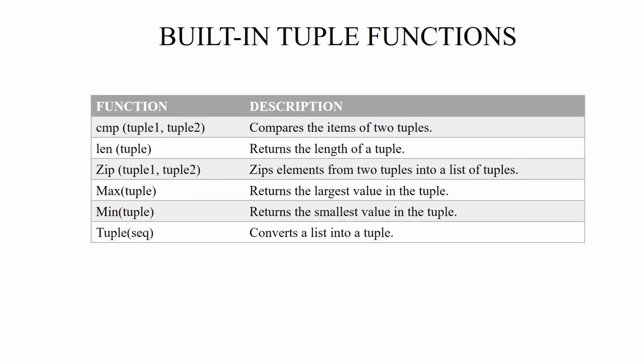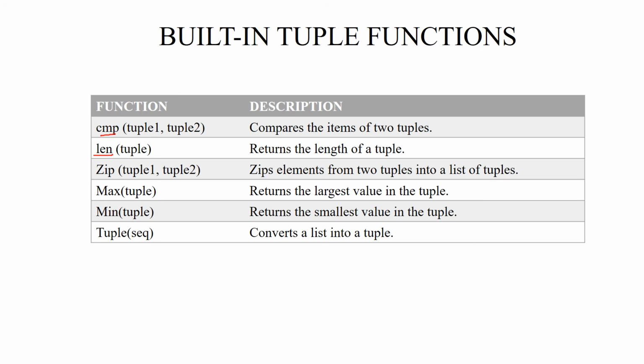The next one is built-in tuple functions. In Python we also have built-in functions that can be executed on tuples. I have listed some of them. The first one is cmp of tuple 1 and tuple 2, which compares the items of the tuples. The next one returns the length of the tuple.